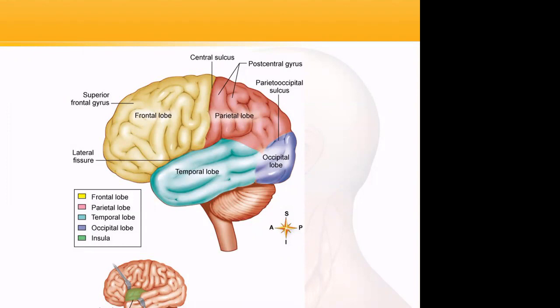The temporal lobe, this is an area where we find the auditory cortex. This is where sound occurs. But understand, that is different than voice recognition and understanding.